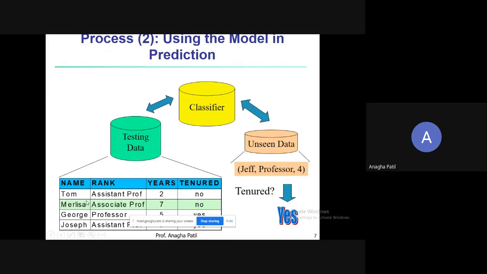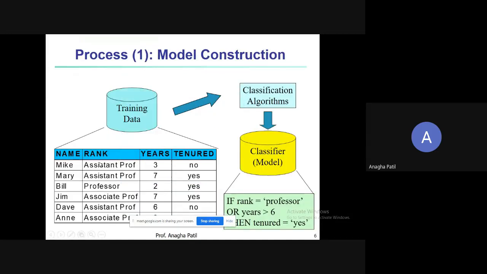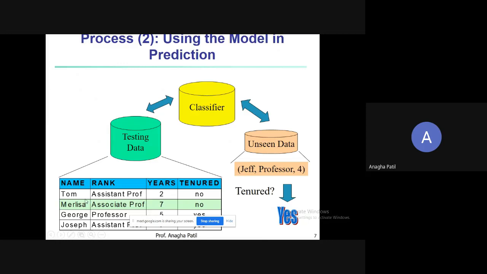Now these samples or the records are different than that of this, because this was our training data, which we have used for the training. So these are not present in the test data. So let's say that now the name is Tom and the rank is assistant professor and years is equal to 2.